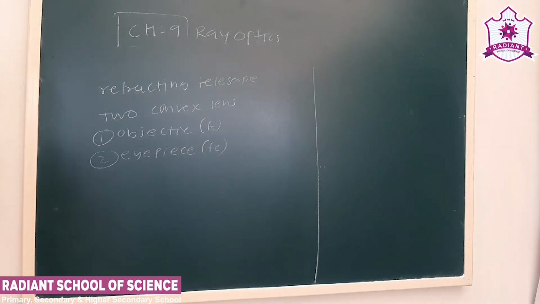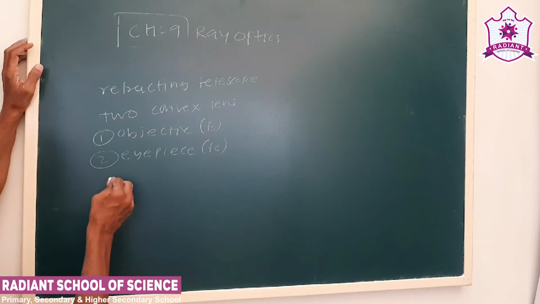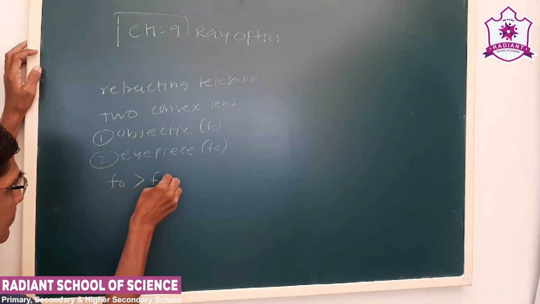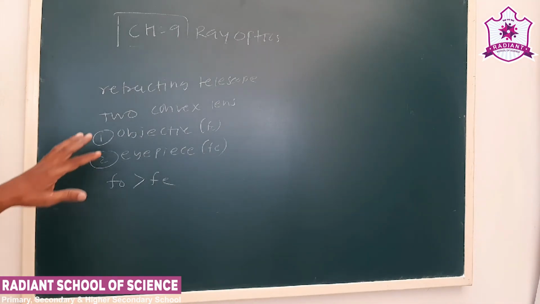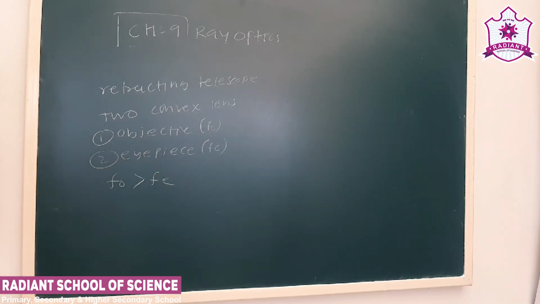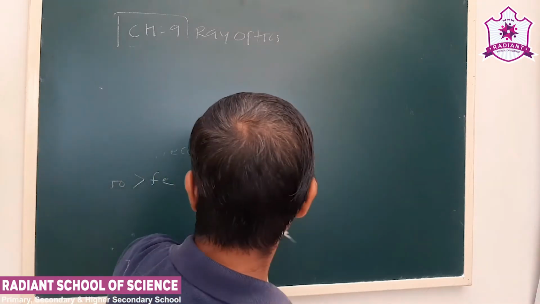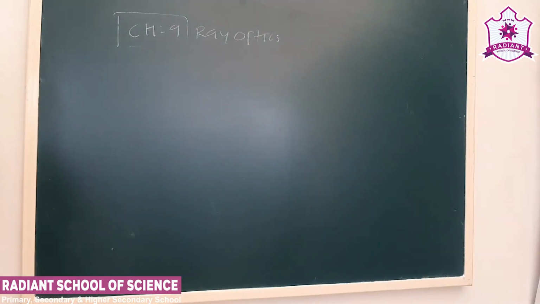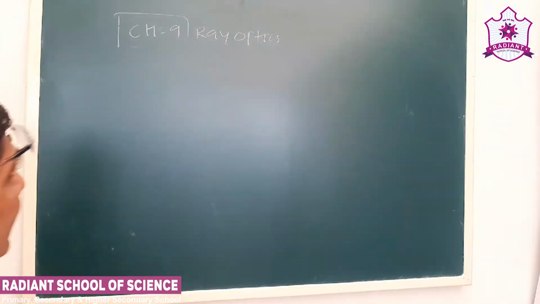Here the focal length of the objective is more than the focal length of the eyepiece. The refracting telescope uses two convex lenses: one is the objective with focal length F0, and the second is the eyepiece with focal length Fe. Now, as we know, the telescope is used to see objects which are at a very large distance, like stars.